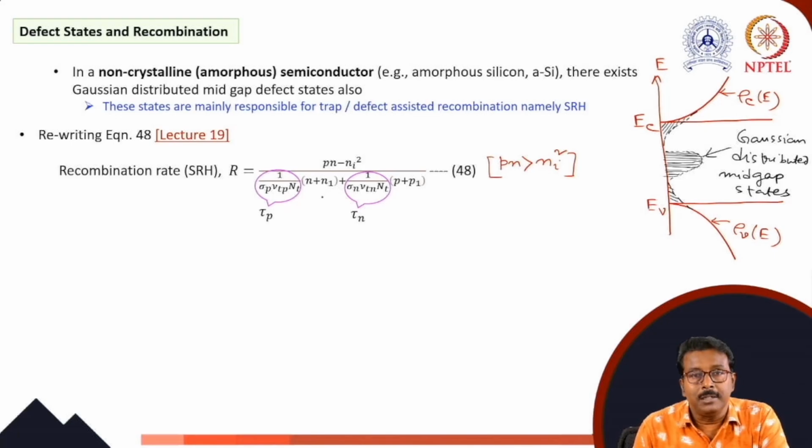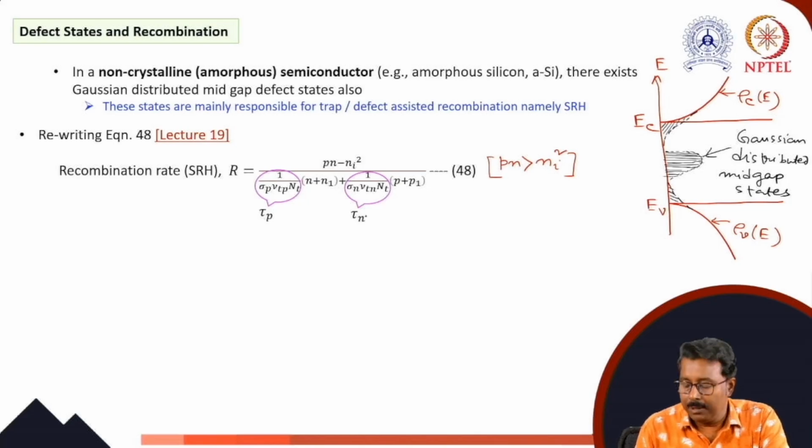n1, if you see the expression of n1, is nothing but the electron concentration in the trap state Nt. And the second term in the denominator, which is 1 by sigma n Vtn Nt, that is tau n, the electron lifetime.